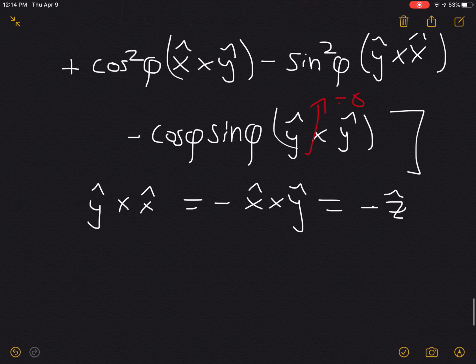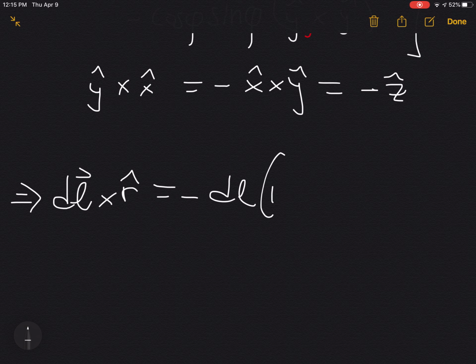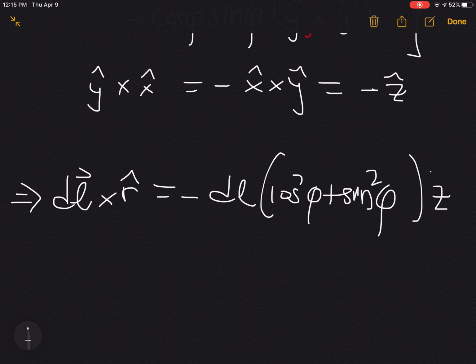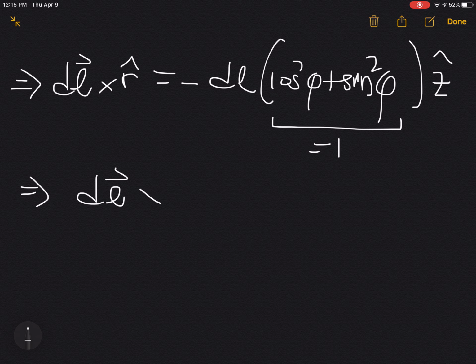So actually you can condense a lot of this, and we have that dl cross r hat is going to be minus dl times cos squared phi plus sine squared phi in the z hat direction. Of course, this is a trig identity. This is equal to 1. And so what you have is that dl cross r hat is equal to minus dl in the z hat direction.